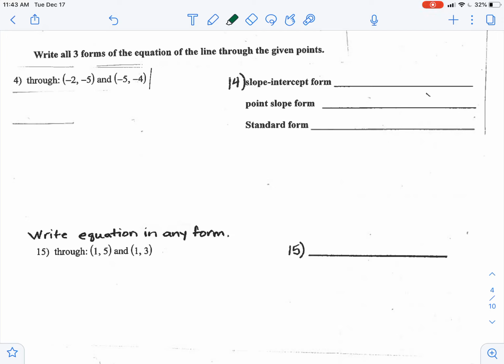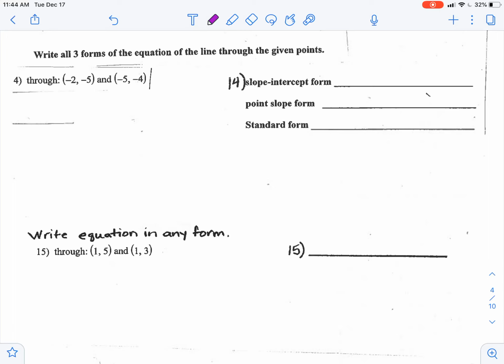Okay, number 4. I am changing your instructions just a little bit. I want you to write the equation for the line going through those points in either of the forms. You do not have to write it in all forms, so whichever form you prefer.